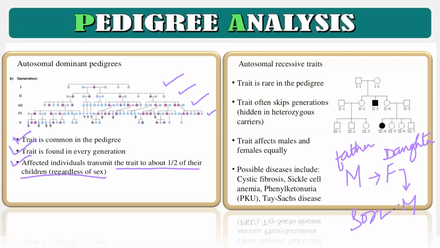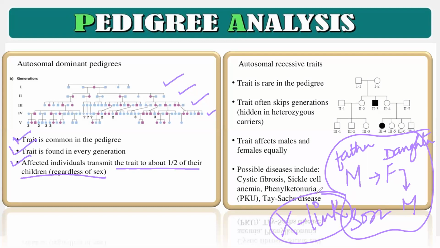So it forms a zigzag ladder from male to female, female to male in X-linked, right? But in autosomal it is not so. Regardless of sex, half of their children are affected.